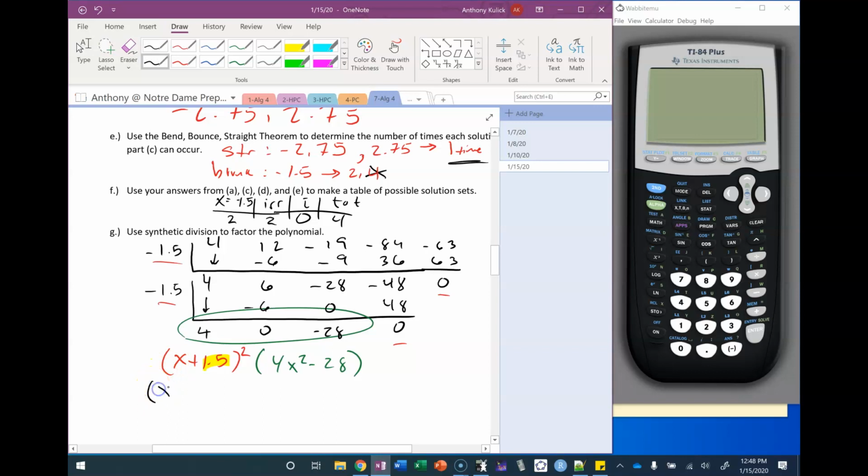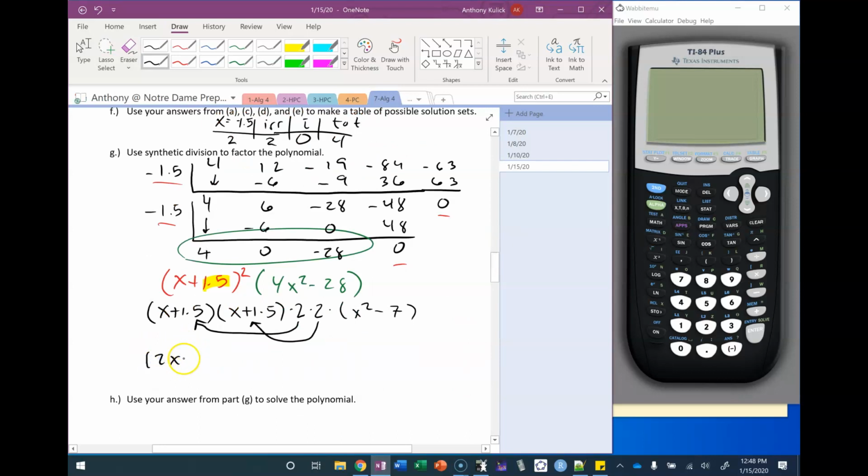But if you take a close look there at 4x squared minus 28, you'll notice that there's a greatest common factor of 4. Does everybody see that? So I'm going to factor that out, but instead of factoring out a 4, I'm going to write it as 2 times 2. Because what I'm going to do is I'm going to distribute one factor into this and one factor into that one.